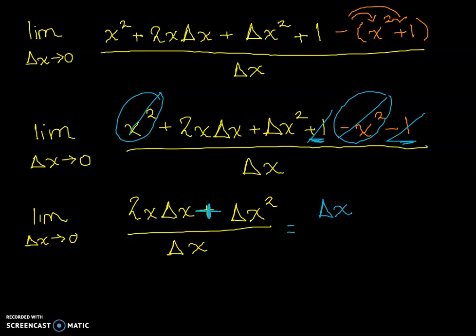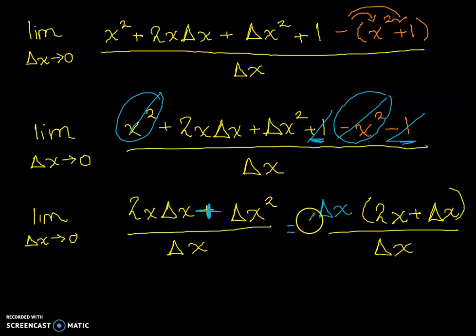If I factor that out of each one of these, I'm left with 2x plus delta x. So if I can factor it out, that's what I can divide out. And then bringing down what I have left, the limit as delta x approaches 0, 2x plus delta x.